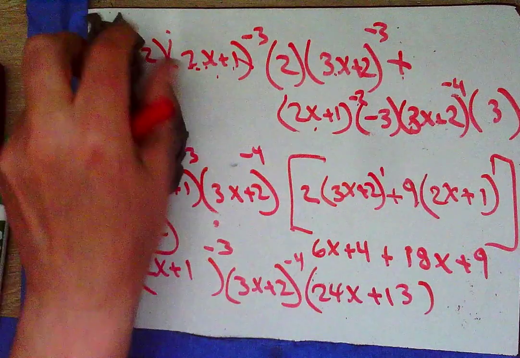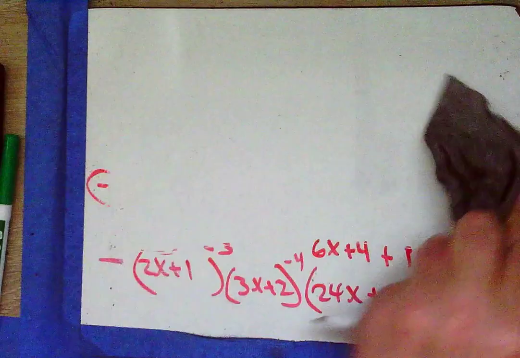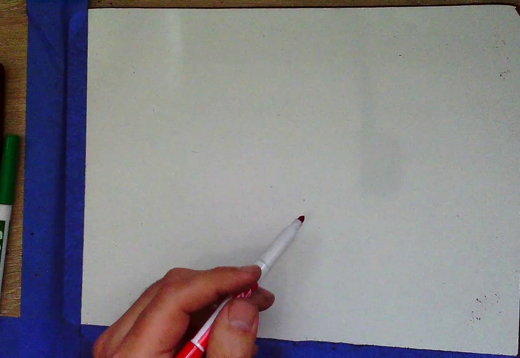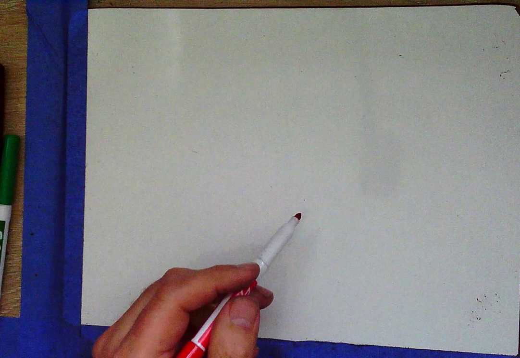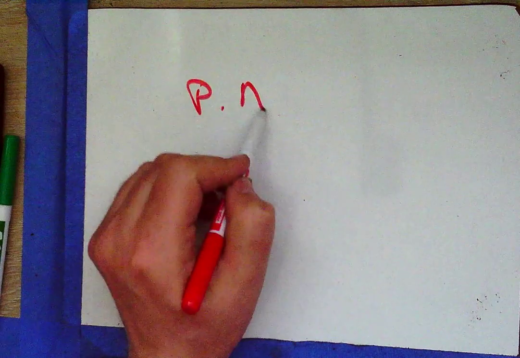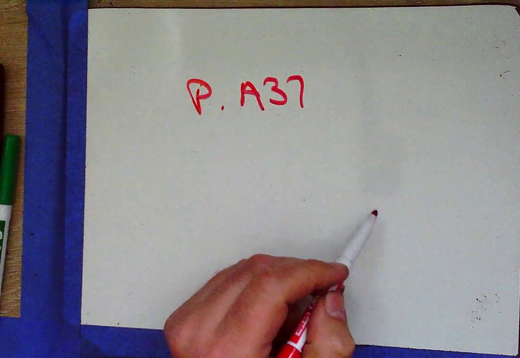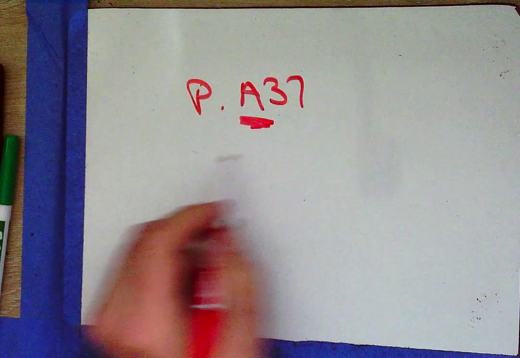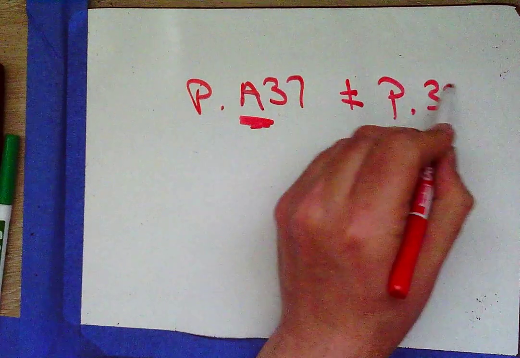All right, so at this point, I like to think you can do this stuff for assignment number 18. And when I look at the assignment calendar, I notice that assignment number 18 is, in fact, a bookwork assignment on 2 different pages. And notice how it says PA 37. Well, that's not the same as page 37.